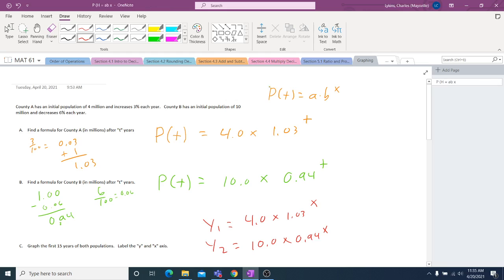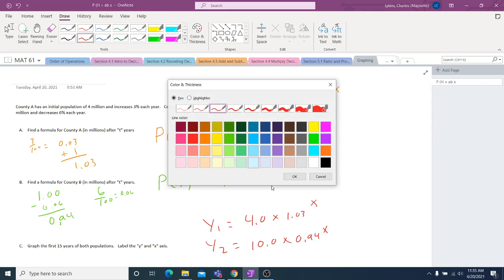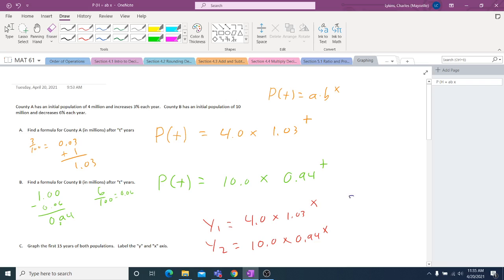So once you type these into the y1 and y2 values, then I want you to hit your second button. That is on your calculator, your top left. It's usually going to be a blue or an orange colored button. So I want you to hit second, and then graph, which is at the top under the screen, the top right.